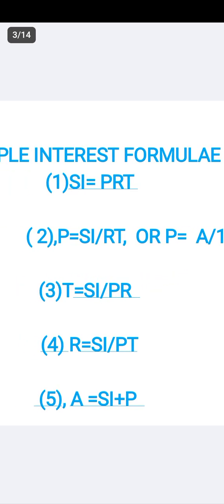They will ask you to find the time. The formula is given in 3. To find the rate, the formula is given in 4. And to find the amount, given the simple interest and the principal, the formula is given in 5.